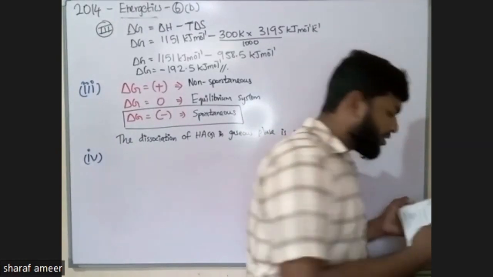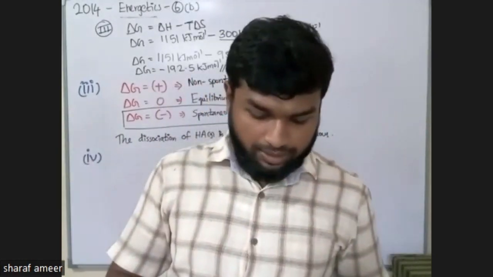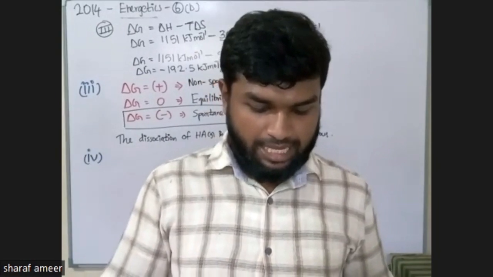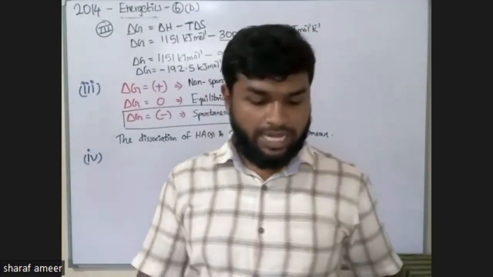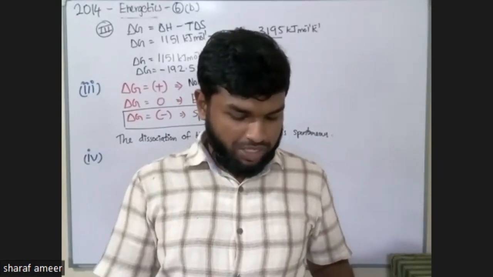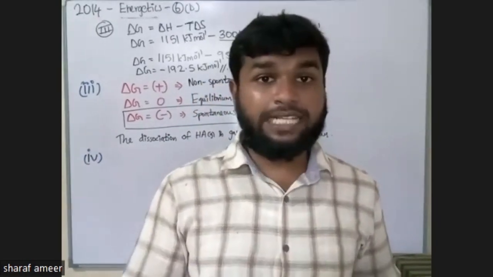Now see the next question. Calculate the Gibbs energy change for the dissociation of HA in the aqueous phase. Already they have given all the things here. Dissociation of HA in the aqueous phase at 300 Kelvin.